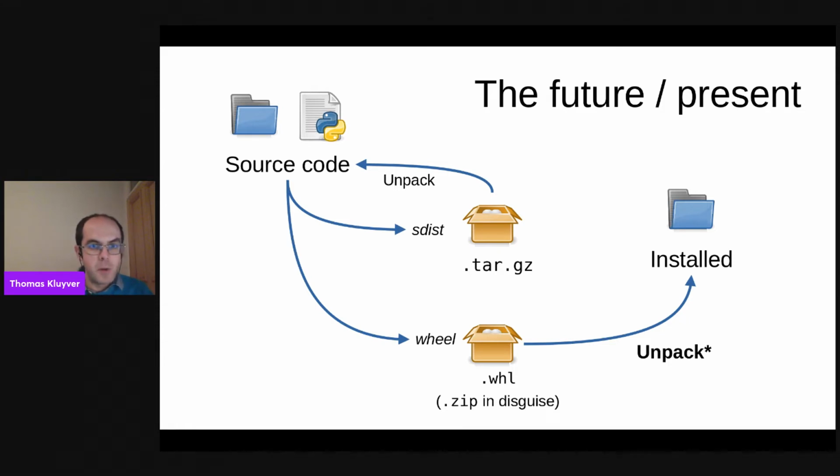So setup.py bdist_wheel is now just one possible implementation of that standard. This is already how things work for packages that have moved away from setup.py. For packages that still have setup.py, it will try to work this way, and if something goes wrong, then it will fall back to doing setup.py install for the time being. At some point within the next probably couple of years, that fallback, I think, will go away.